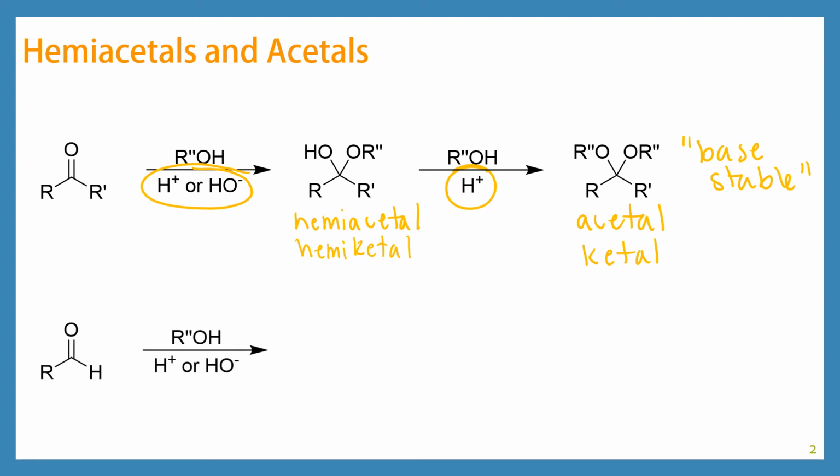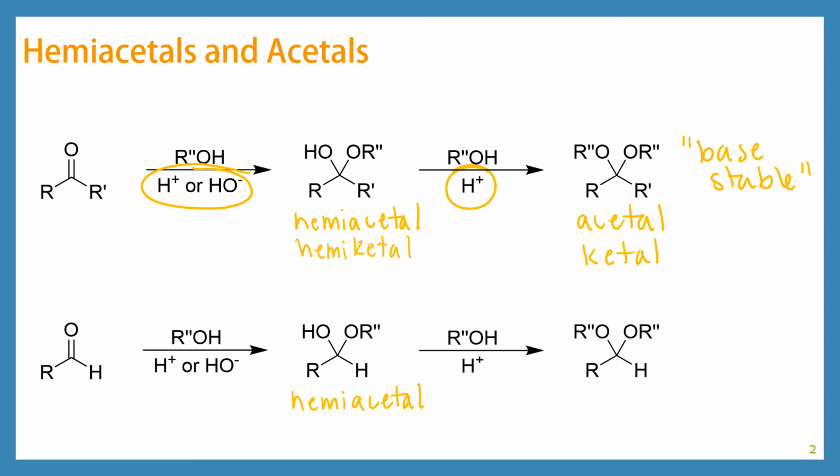Now we can also do the same thing with an aldehyde. When you react with your first equivalent of alcohol, you get to the hemiacetal, and when you react with your second equivalent of the alcohol in acid, you get all the way to the acetal. So the key thing to note about the acetal is that it has two equivalents of the alcohol added to the carbonyl carbon.